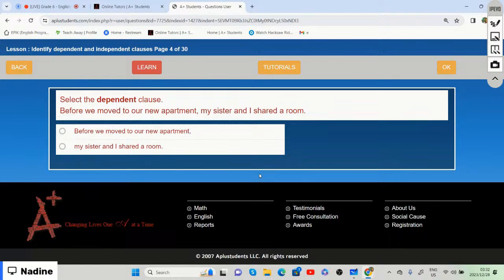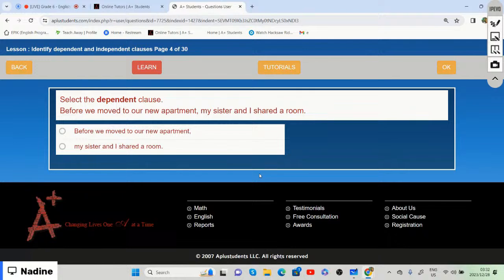The dependent clause. Remember, we said a dependent clause starts with a subordinating conjunction. Look at the words "my sister." What does that start with? And look at the first word of the first option, which is "before we moved." The word "before."